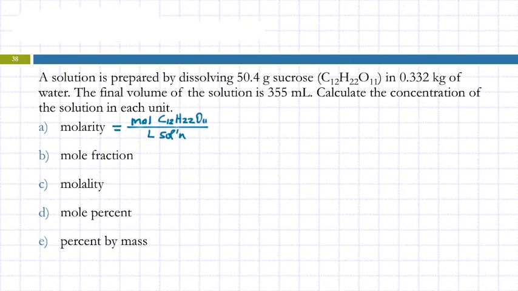Did they give me either? No, that wouldn't be any fun. How do I get moles of sucrose? Grams to moles. So I've got 50.4 grams of sucrose, C12H22O11. I need the molar mass, and then I can convert that.